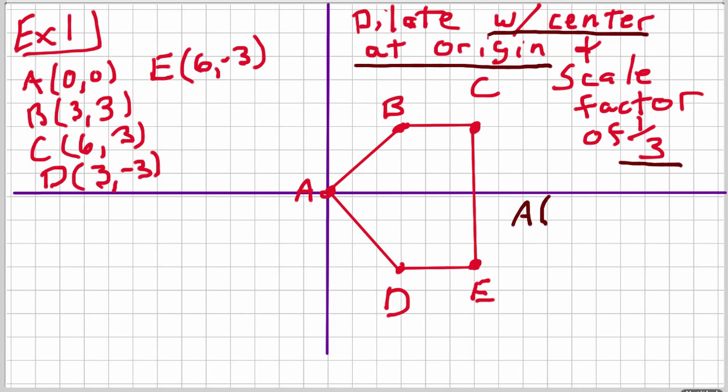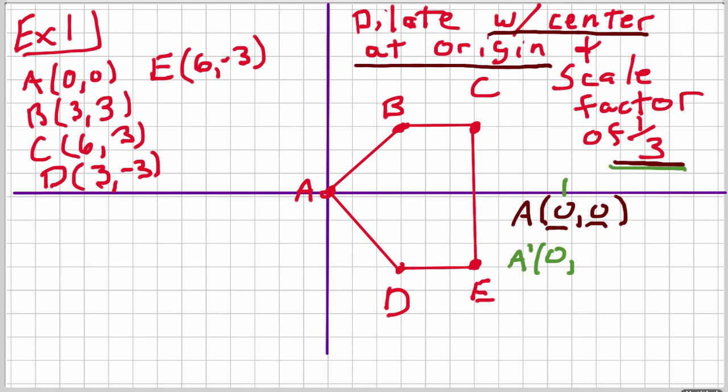All right, here's my X and here's my Y. And each coordinate that I'm given, I'm going to times by my scale factor. Okay, and we'll switch colors here. Let's go green. So if I take 0 times 1/3, well, it gave me 0.